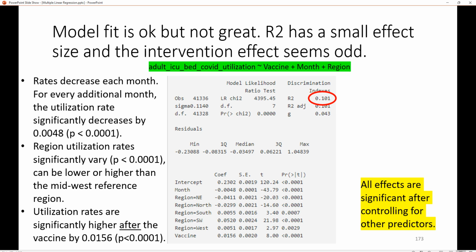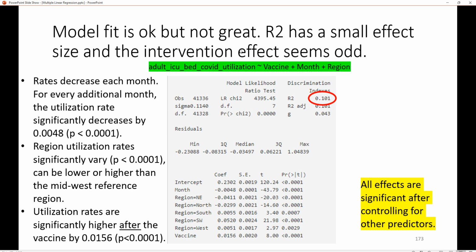And in this slide, we're going to look at our model results. Again, we used adult ICU bed utilization as our outcome, and that's defined as the effect of the vaccine plus the month plus the region. And overall we see the model fit is okay, but not great.